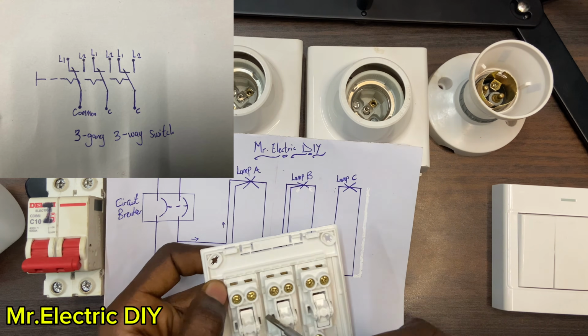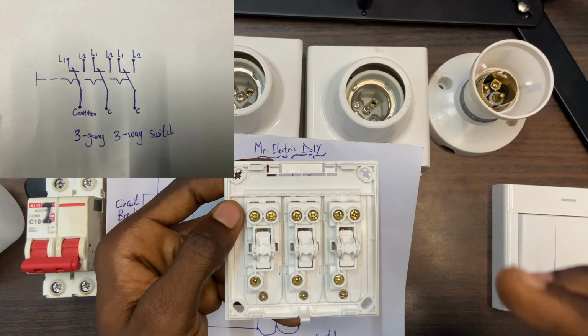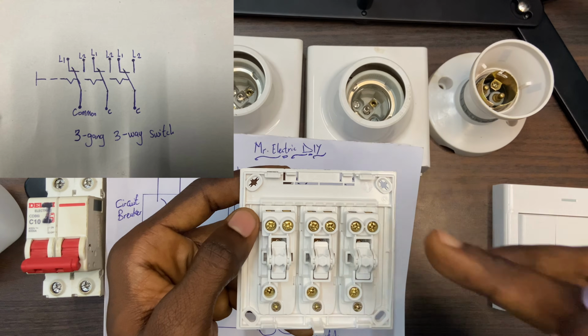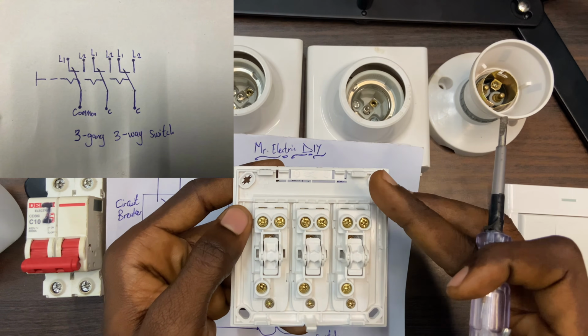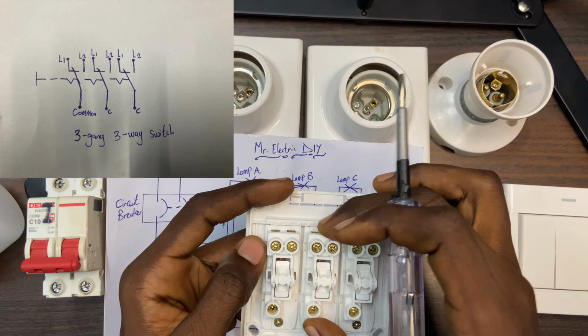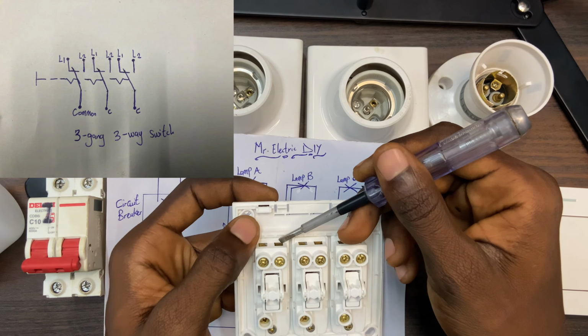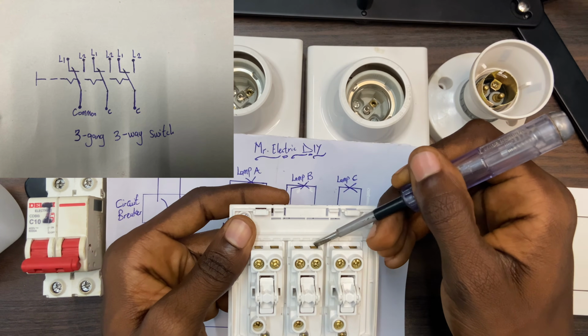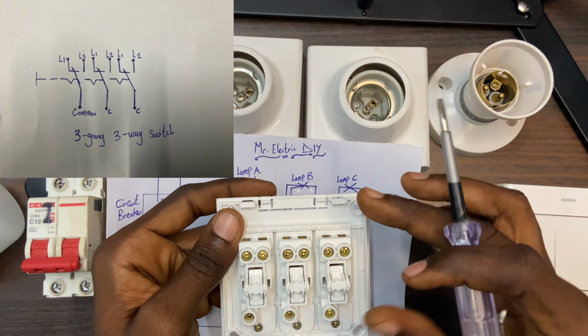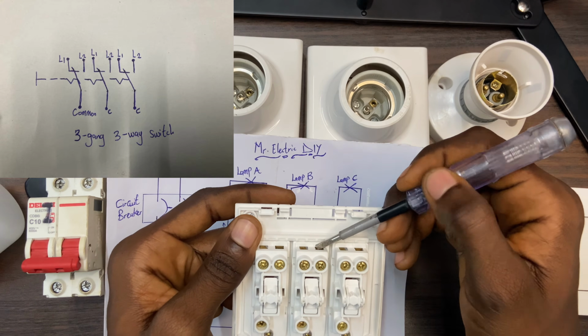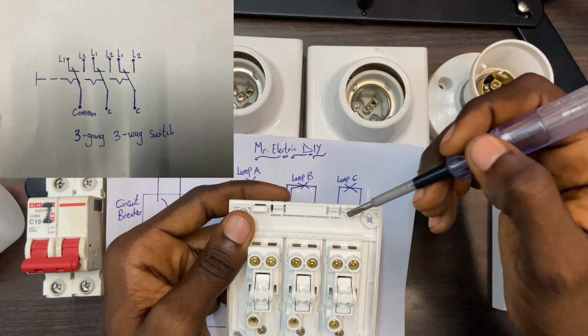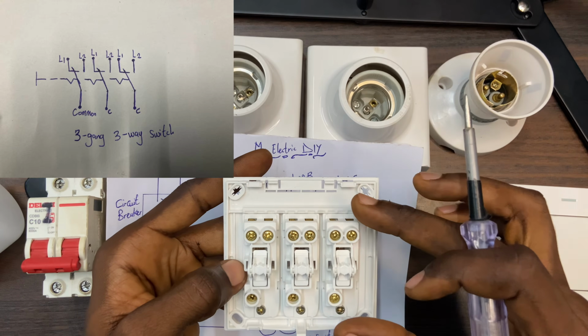And then you see this is the 3-gang 3-way switch. If you want to use any side of the switch, you have to supply that side with a live wire. If I want to use this side, I have to loop the live from this side to this side. And if I also want to use this side, I have to loop the same live from this side to this side before I will be able to use it.